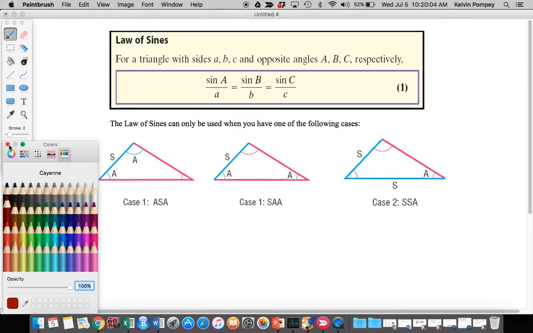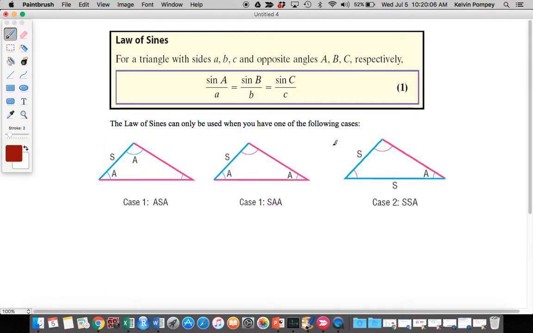All right, so the law of sines says for a triangle with sides a, b, and c, notice that our side lengths are lowercased, and opposite angles A, B, and C respectively, then the law of sines states that sine of angle A divided by side length a equals the sine of angle B divided by side length b, and that equals the sine of angle C divided by side length c, right?